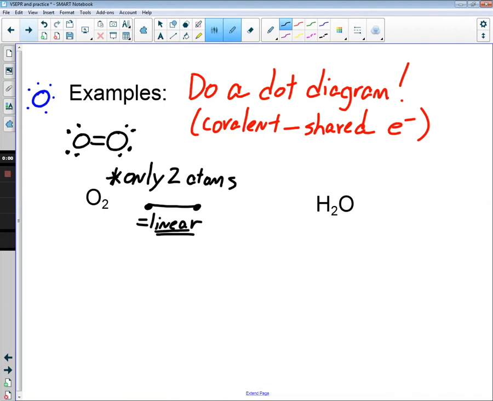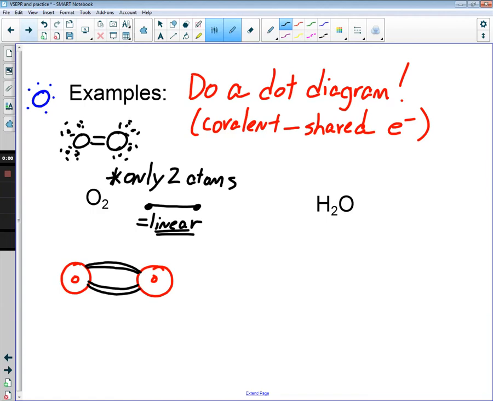If I was to draw what this looks like, I would have my atom of oxygen. I'm going to show that it's got two bonds coming out here. On the other side, on the outside that you can't see, we've got these electron pairs.